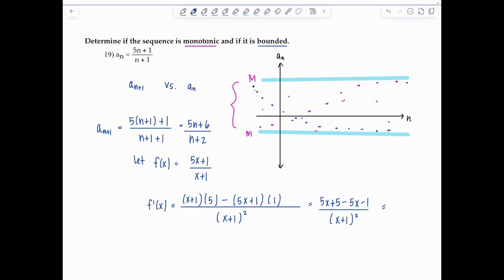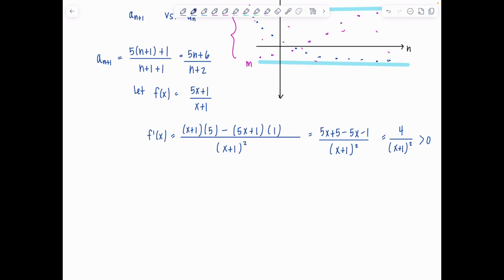So I'm going to end up with positive 4 over x plus 1 squared, which is always positive, right? As long as x is not negative 1, but we wouldn't substitute in negative 1 for the term of a sequence anyways. So this tells me f of x is increasing.